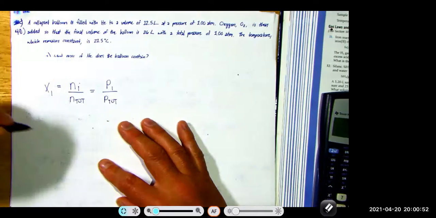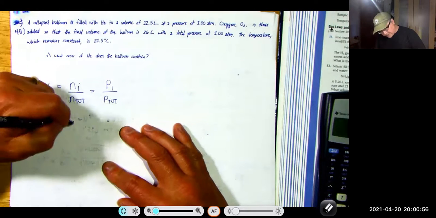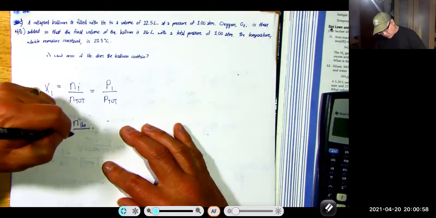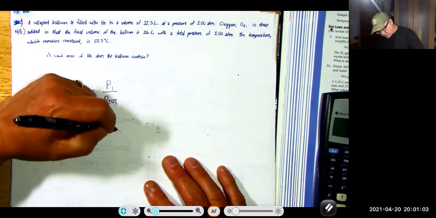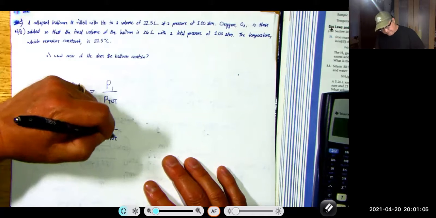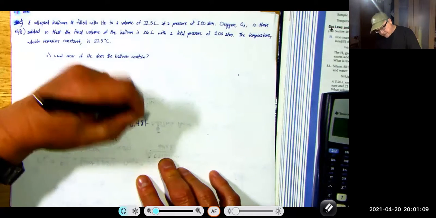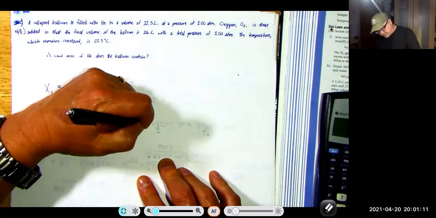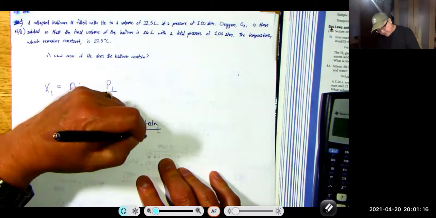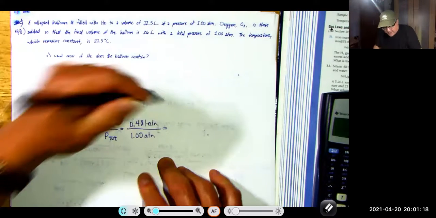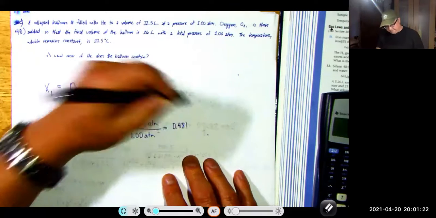So the mole fraction of helium is the moles of helium over the moles total, or the pressure of helium over the pressure total. We just calculated that the pressure of helium was 0.481 atmospheres, and the pressure total, which is given, is 1.00 atmospheres. So you get a mole fraction of 0.481 for helium.